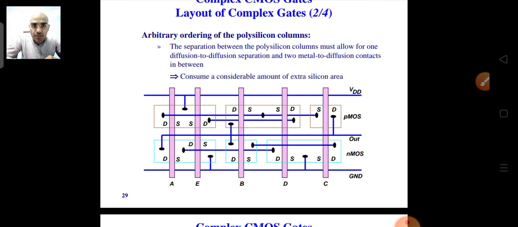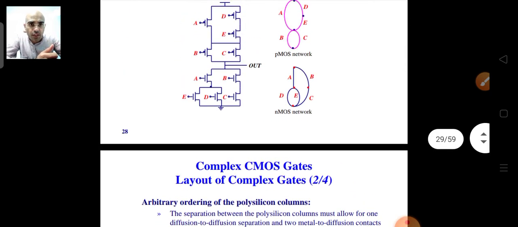So first we decide where our polysilicons will come. Then we decide our P region and the N region. On the top side there will be the pull up network, because we use VDD on the top side and ground on the lower side. So the pull down network will come on the lower side. And the blue connections, you can see from this connection, it's not difficult to understand.